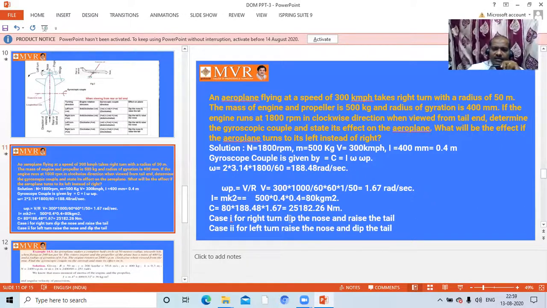The concept I have explained for the problem is given here, and I have written the solution for the two cases. So the effect if the aeroplane turns to its left instead of right: for a right turn, dip the nose and raise the tail.